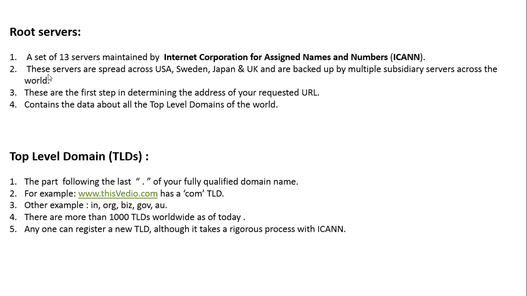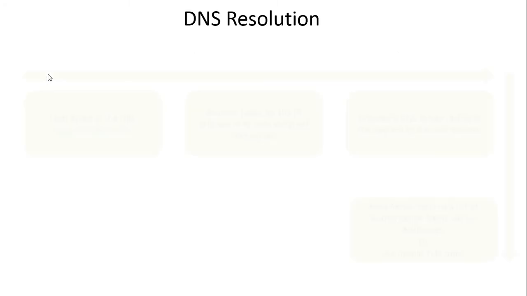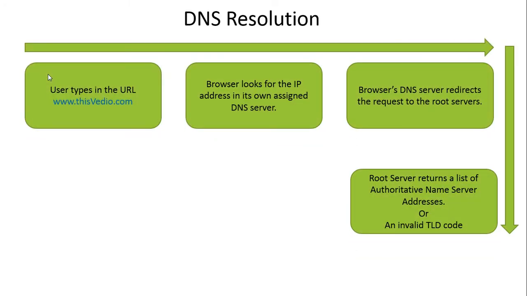These TLDs are going to increase in future, of course, and anyone can register a new TLD if he or she wishes, but it takes a rigorous process with ICANN, which is the Internet Corporation for Assigned Names and Numbers. Now, the root servers can return an authoritative server or an invalid TLD code based on the request made to it.